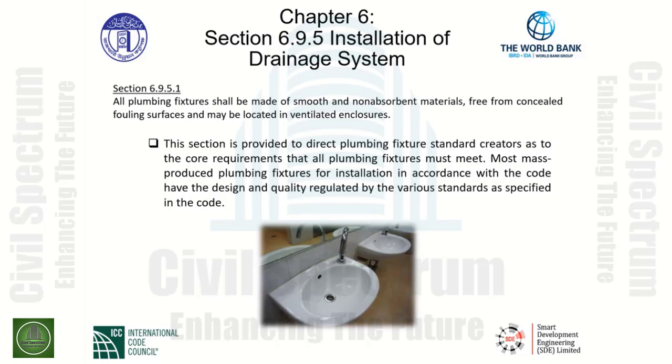That is the basis of this particular section here, is we need to keep the fixtures clean and sanitary by having their materials made of good quality and durability, and to be non-absorbent as well.